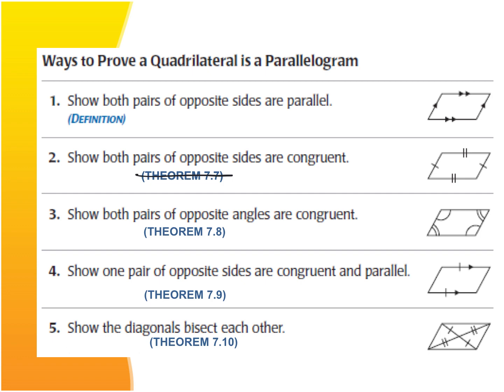So when you show both pairs of opposite sides are congruent, remember that's the parallelogram, opposite sides, converse. When you show both pairs of opposite angles congruent, again, parallelogram, opposite angles, converse.